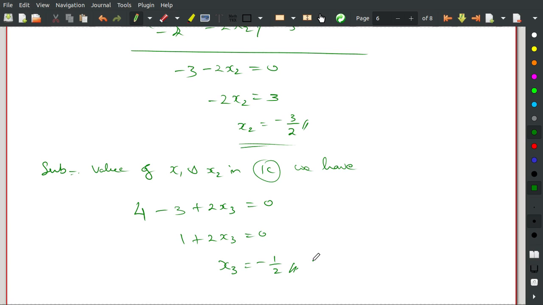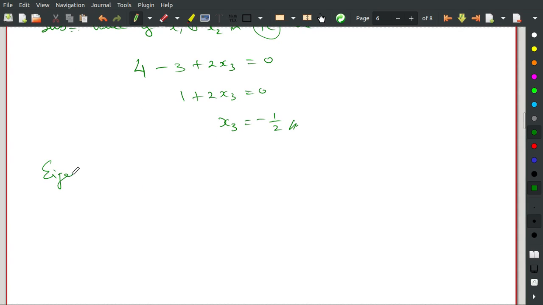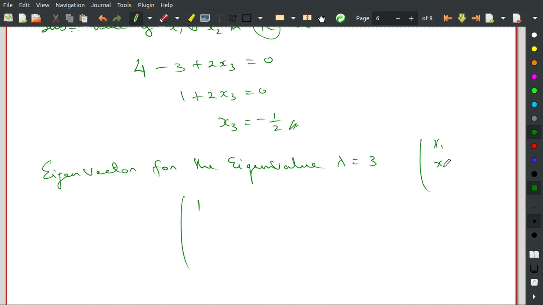So the eigenvector for the eigenvalue lambda equals 3 is the vector x1, x2 and x3. x1 is 1, x2 is minus 3 by 2 and x3 is minus 1 by 2.